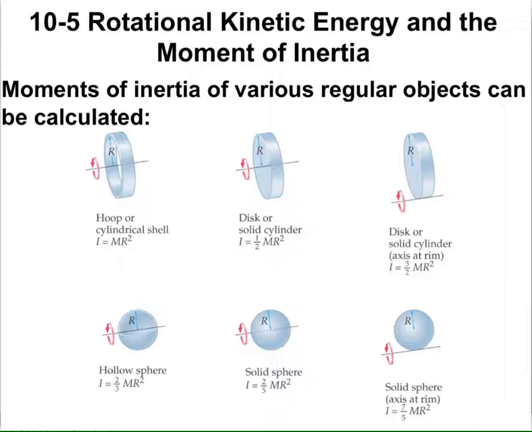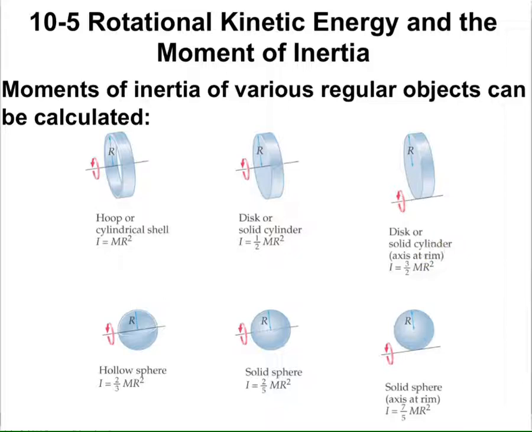Even for the disk, if it is not rotating about an axis which passes through its center, but about an axis which passes tangent to the rim of the disk, the moment of inertia, again, will be different.